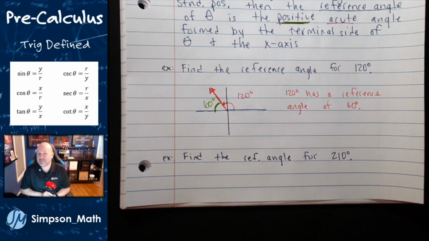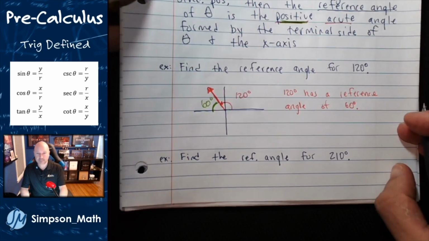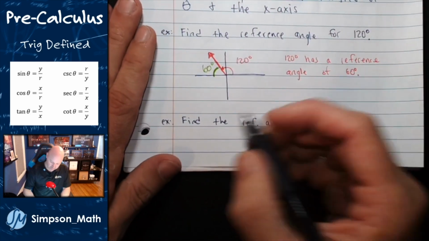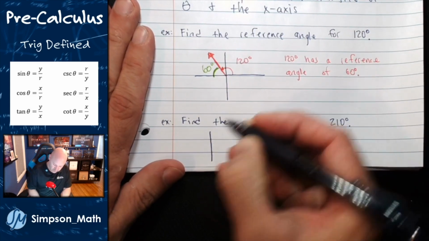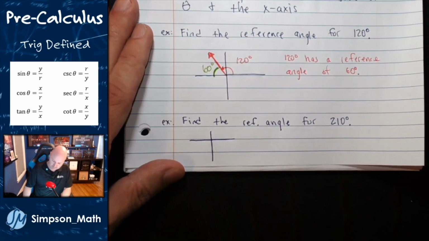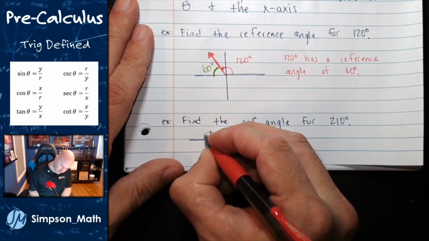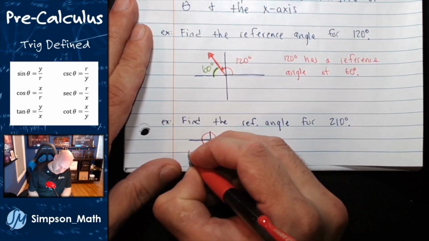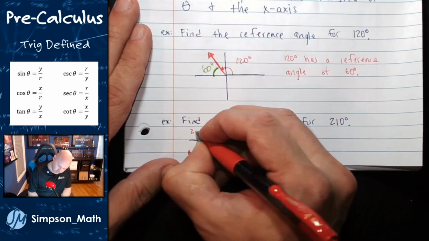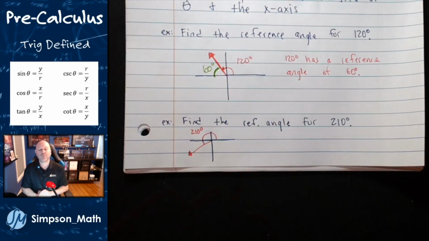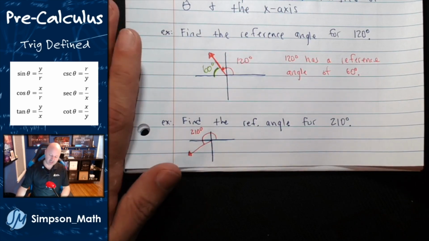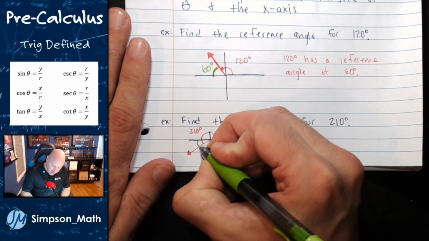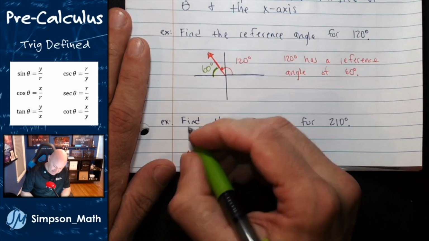In fact, pause the video and see if you come up with the same reference angle as I do. 210 degrees lies in quadrant 3, and it is 30 degrees away from the x-axis.